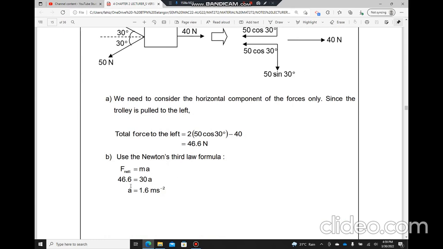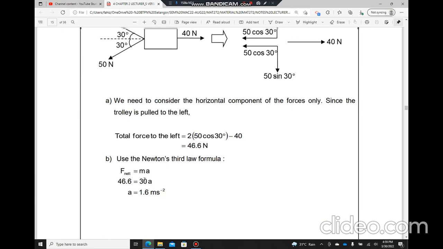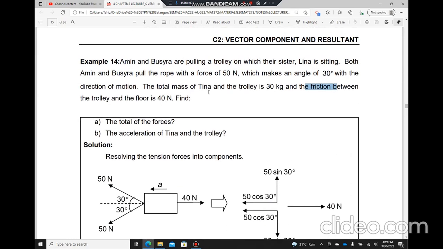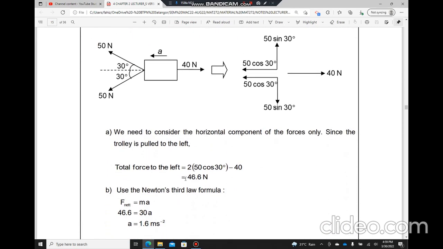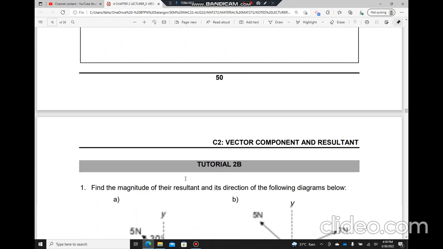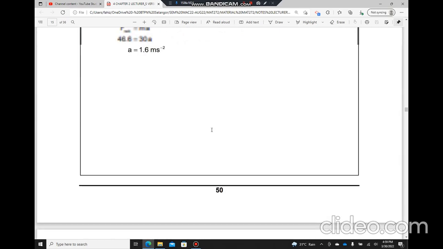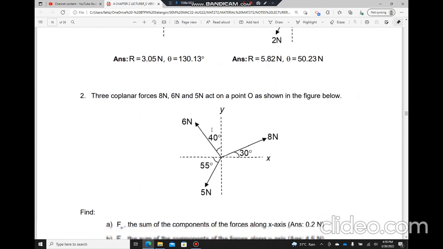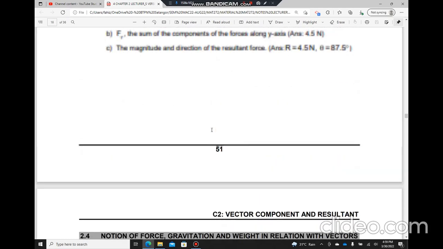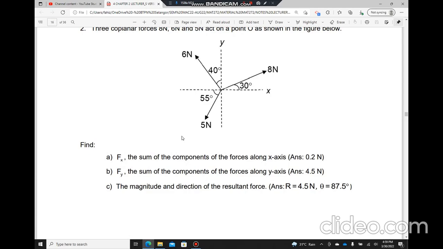So F equals to 46.6, your m is 30 sebab berat kat sini adalah 30 kg. Then we can find the value of a, which is 1.6 meter second negative 2. Okay, so you can complete tutorial 2B. So kat sini ada beberapa soalan untuk tutorial 2B.